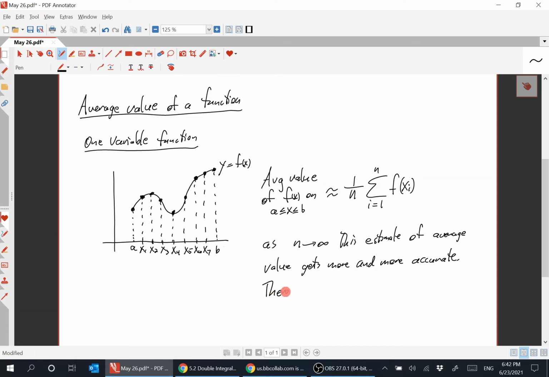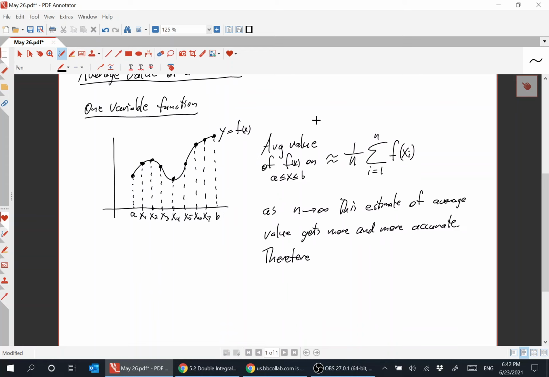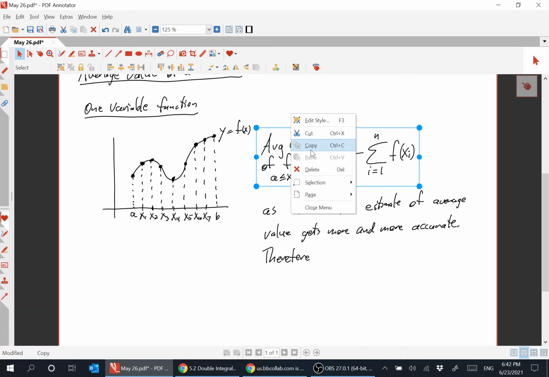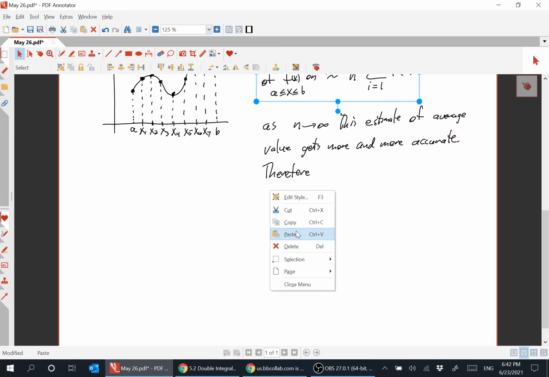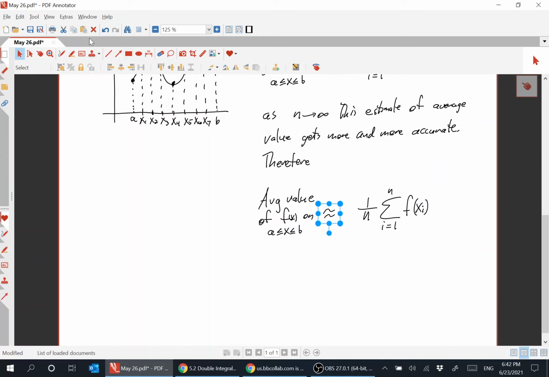Therefore, the average value of a function is not approximately equal to something, but is now actually equal to the limit as n goes to infinity of this quantity here, the limit as n goes to infinity of the average value for n points, evenly spaced on the x-axis.